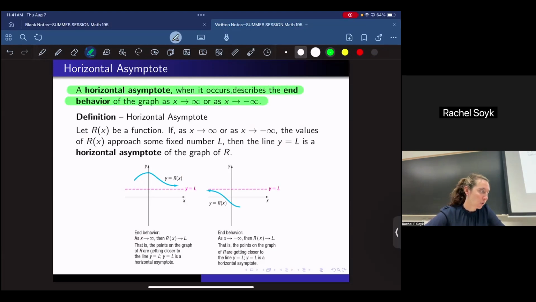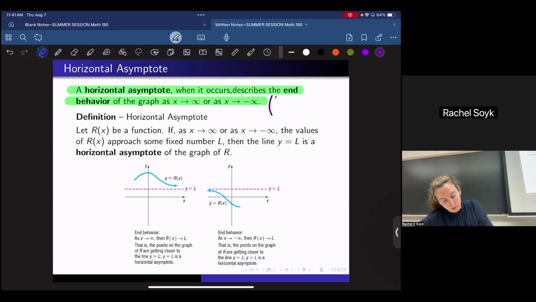And again, what are horizontal asymptotes? They're just horizontal lines that are never hit by the function. That's the informal definition.